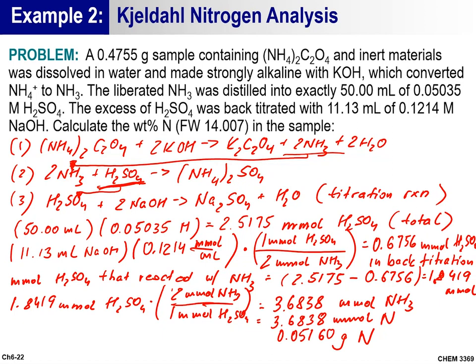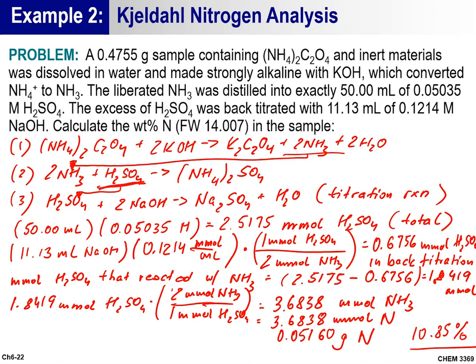Okay, so 0.05160 grams of nitrogen divided by 0.4755 grams, that's the mass of the sample, and multiplied by 100% will give us 10.85% of the nitrogen in the sample. Okay.